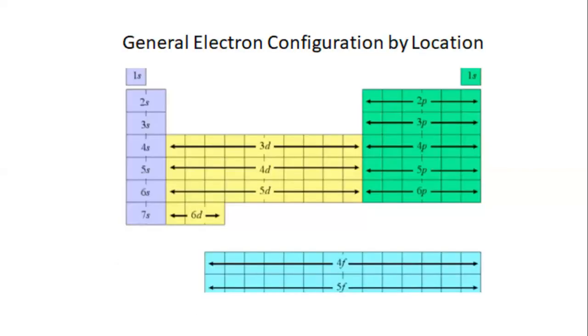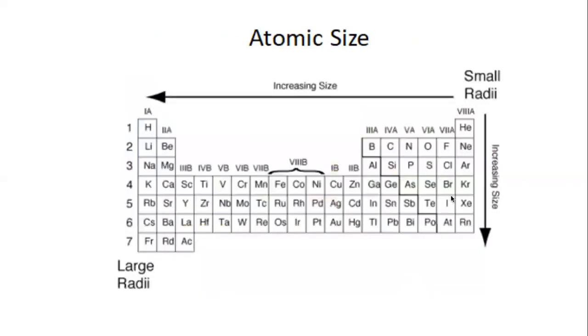And that leads us to some periodic trends, because based on the electron configuration, that will dictate how the atoms behave. So before we end our lecture, and we will touch on particularly a few of these trends in our next lecture, where we'll talk about chemical bonding and why atoms even need to form compounds, let's go over some trends. Because the electrons and their configuration dictate characteristics of the atoms, we can talk about these trends.